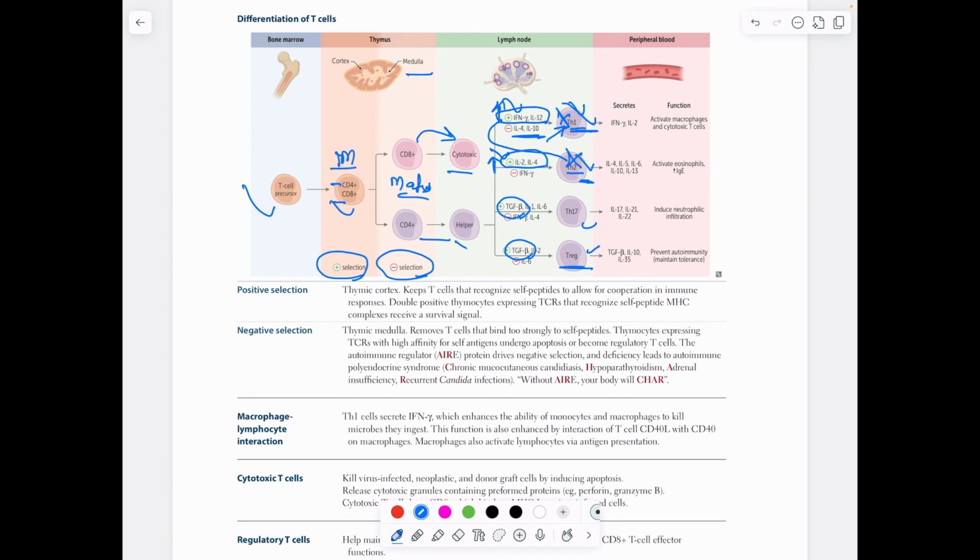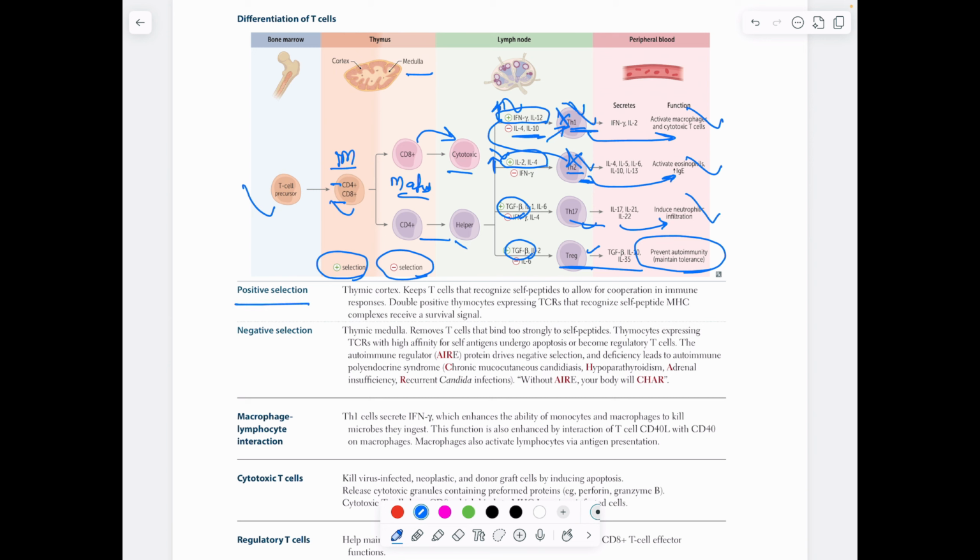It is so simple. And you guys already know the function of T helper cell 1 is to activate macrophages. Th2 will activate eosinophils and B cells to form antibodies, and Th17 will induce neutrophilic infiltration, and regulatory will prevent autoimmune reactions and maintain tolerance.